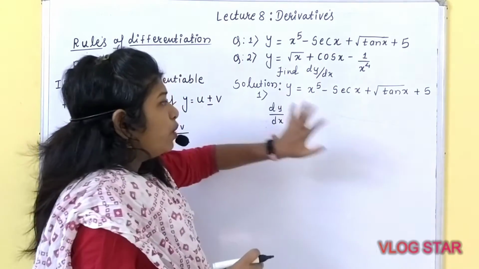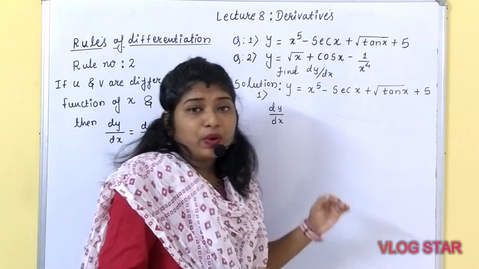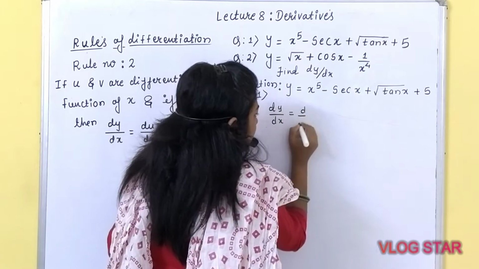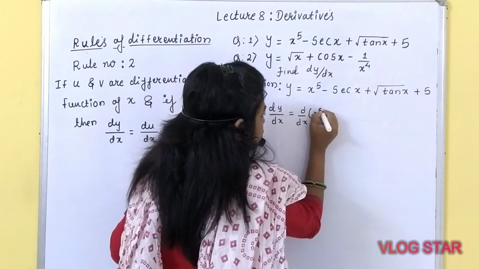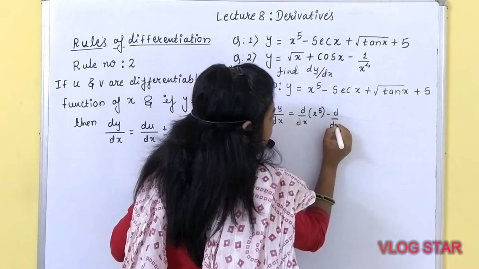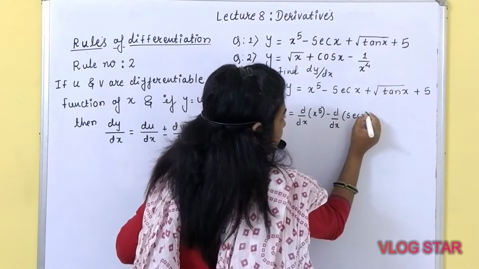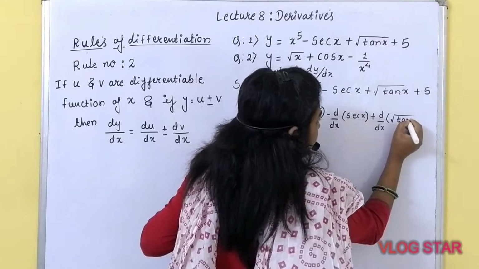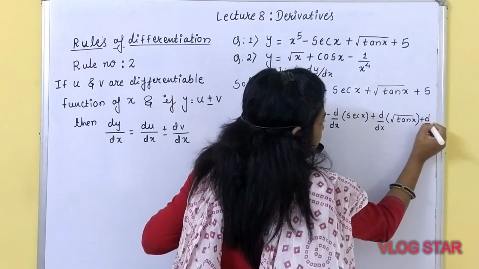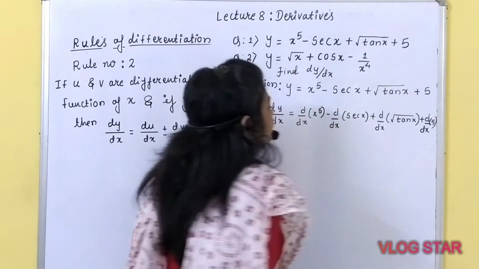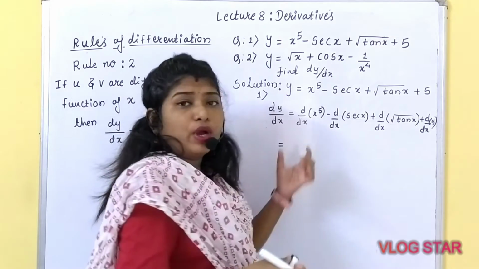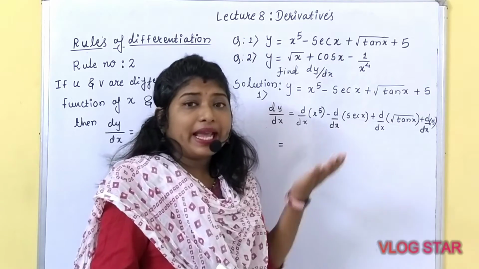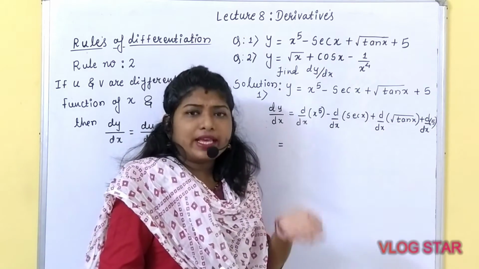So how are you going to apply rule number 2 to calculate the derivative of y with respect to x? First you have to write down the derivative of x raised to 5 minus the derivative of sec x plus the derivative of under root of tan x plus the derivative of 5. As you know, x raised to 5 is nothing but f of x raised to n.